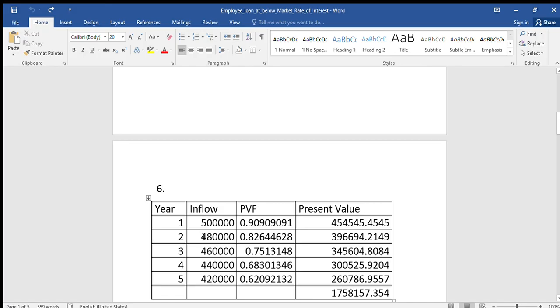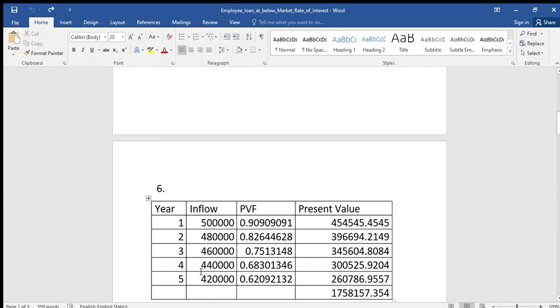For the second year, 4 lakh 80,000 into 1 divided by 1.10 raised to the power of 2, that will be 0.826. 396,694 would be the present value for the second year. 4,60,000 into 1 divided by 1.10 raised to the power of 3 would be the present value factor for the third year. That will be 0.751. 4,60,000 into 0.751 would be 345,604, the present value for year 3.